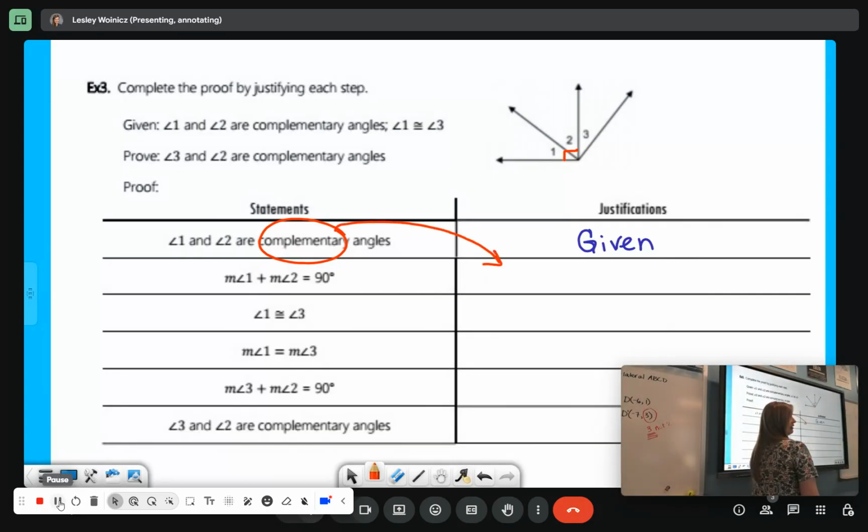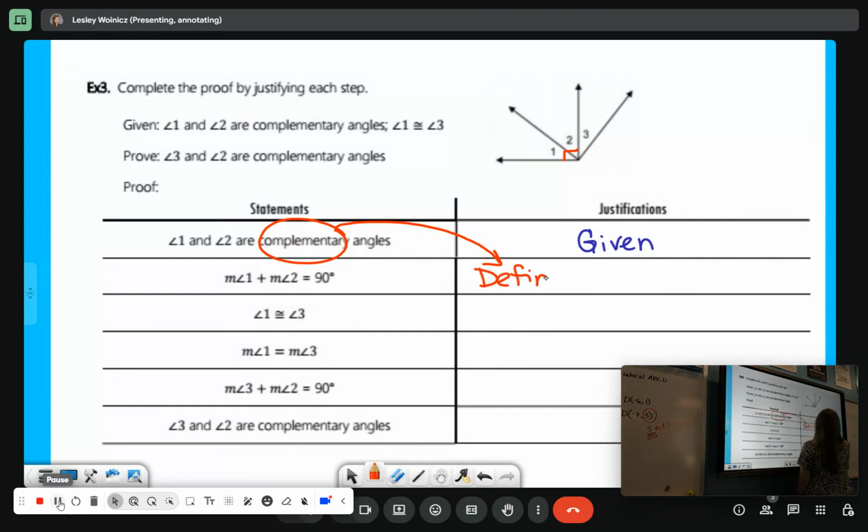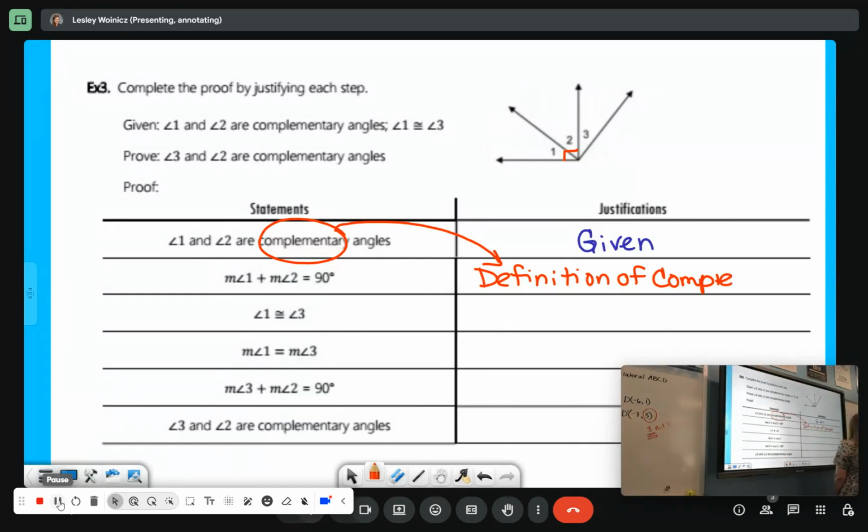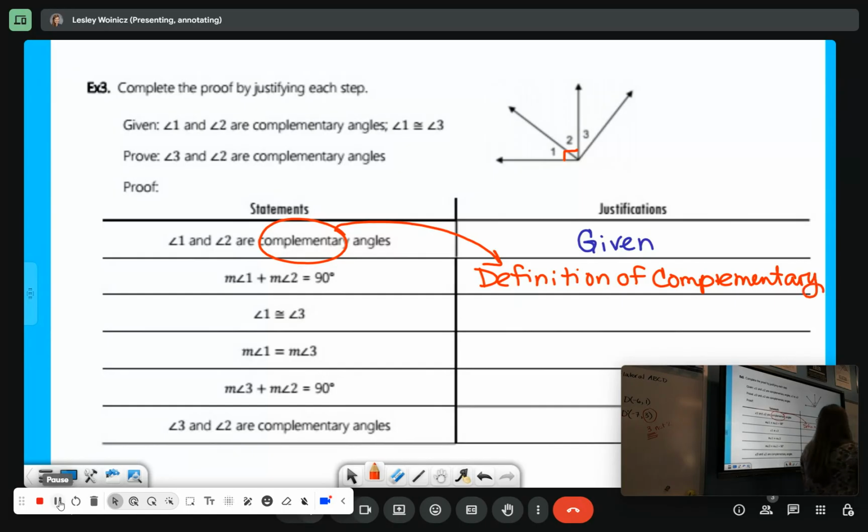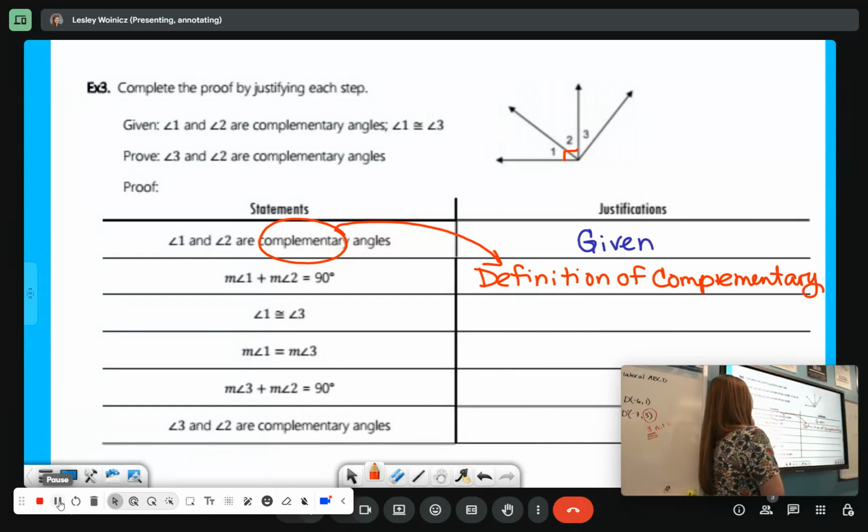Definition of complementary. Why can't that be definition of adjacent? Because I didn't say the word adjacent. And not all adjacent angles add up to 90 degrees. Like angle 1 and 2 are just adjacent.